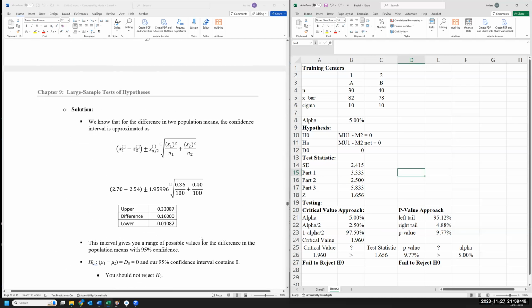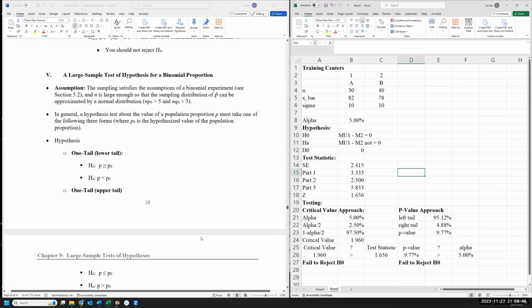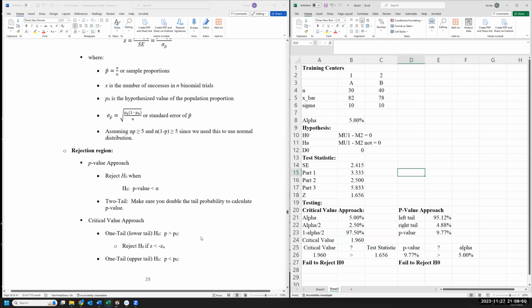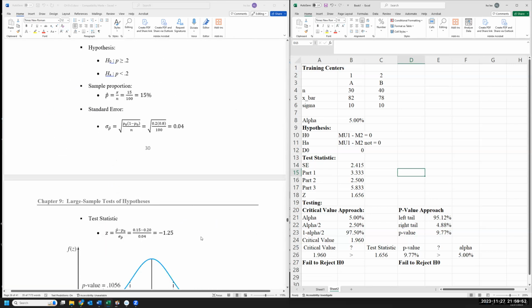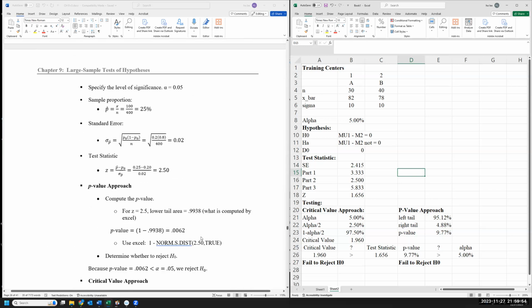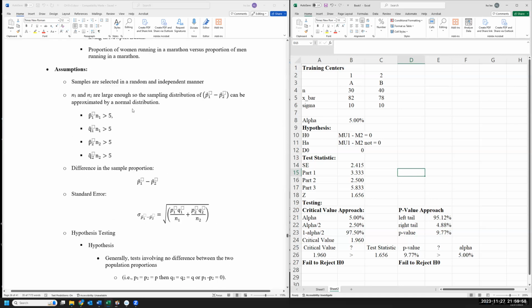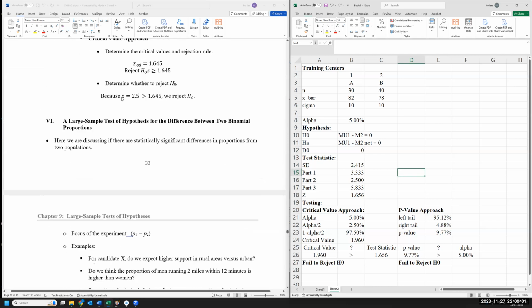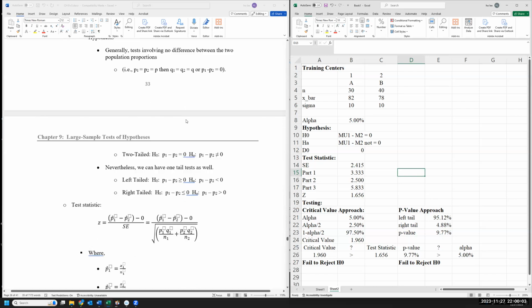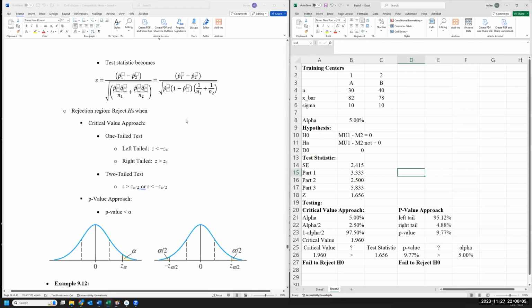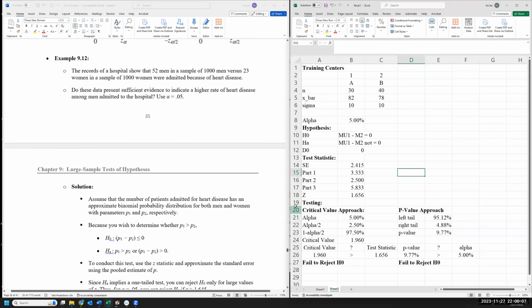Okay, so we did 2 examples with the difference in 2 population means. And now let's do 2 examples, or at least however many we could find, for the difference in the population proportions right here. Let's do this one.